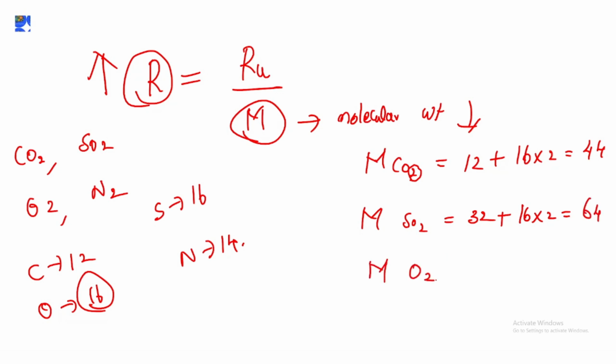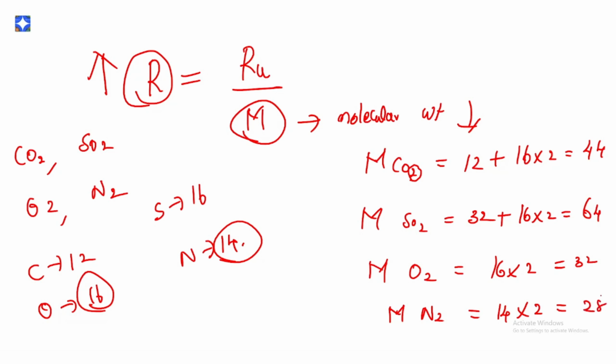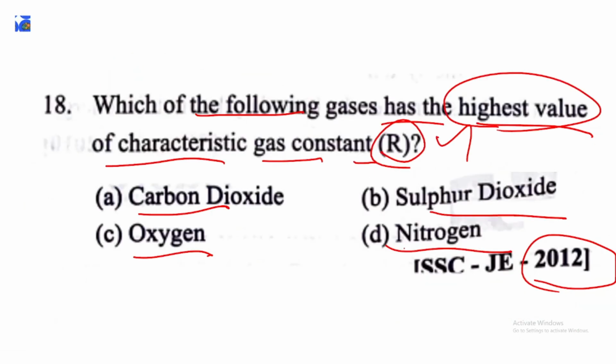Molecular weight of oxygen is 16 into 2, so 32. Nitrogen is 14 into 2, so 28. Out of all these, whichever has the lowest molecular weight will have the highest characteristic gas constant. The minimum is nitrogen, so nitrogen has the highest gas constant. So option D is the correct answer.